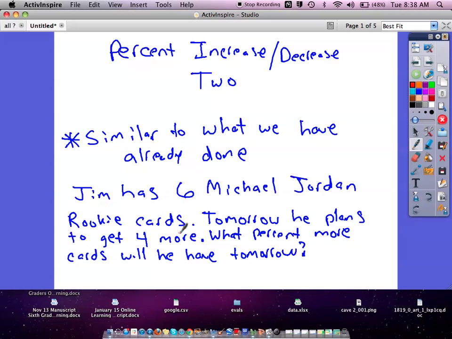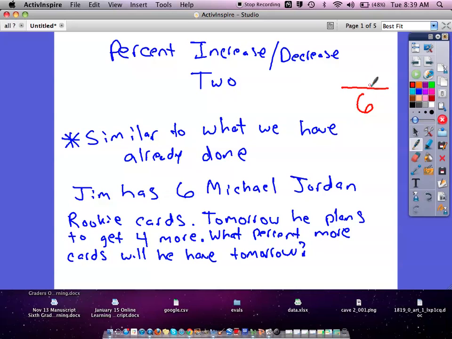But what we really need when we're doing these percent increase decrease problems, okay, we need the number that it started at on the bottom before the percent increase and decrease. So in this case, he started with, before he got more cards, he started with 6 cards. Okay.